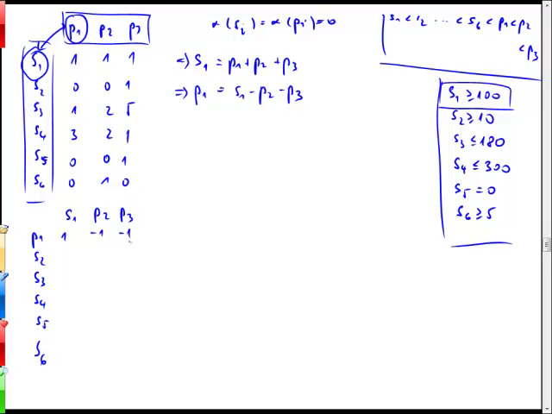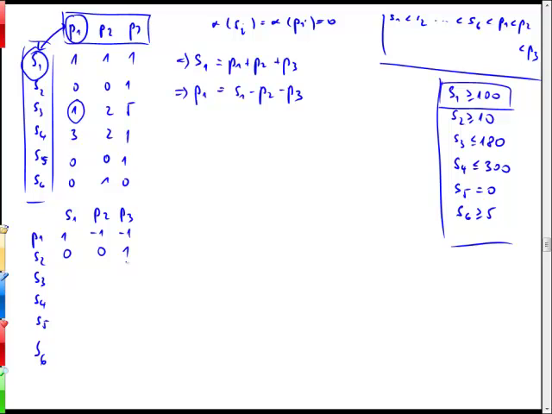In the remaining rows, I will take the values from the first tableau. If here I have a value, then I replace this coefficient times the right-hand side of the equation, because now I don't have P1 there anymore, but S1. So S2, the second line, is independent of P1, so it will remain the same.